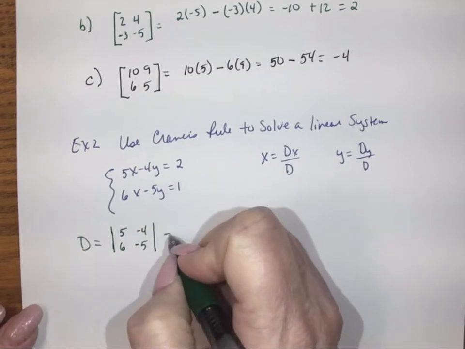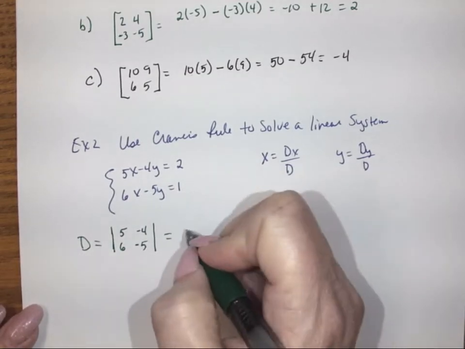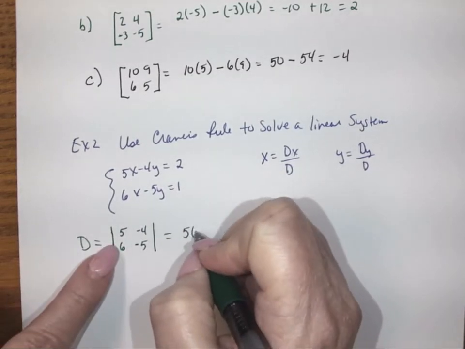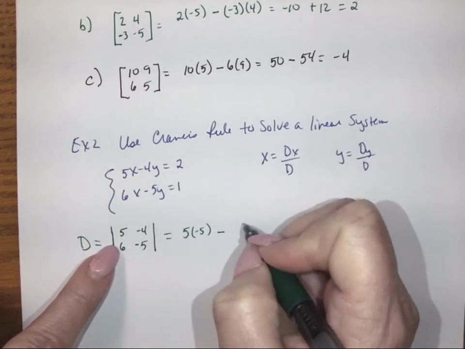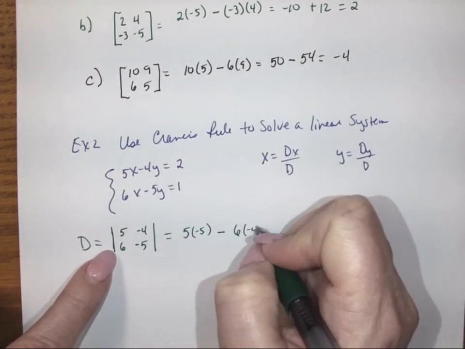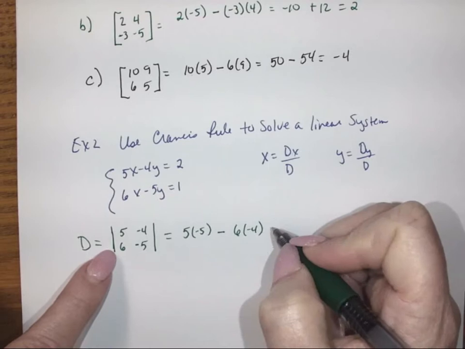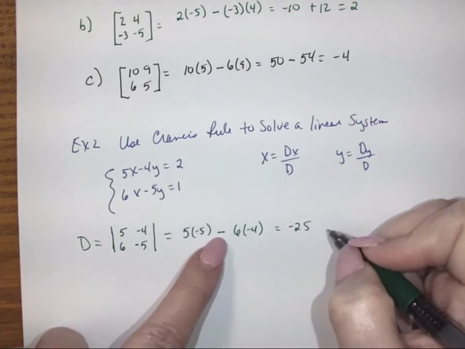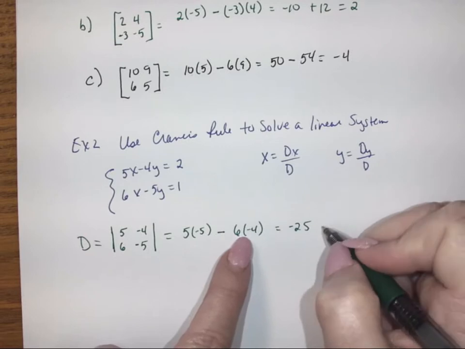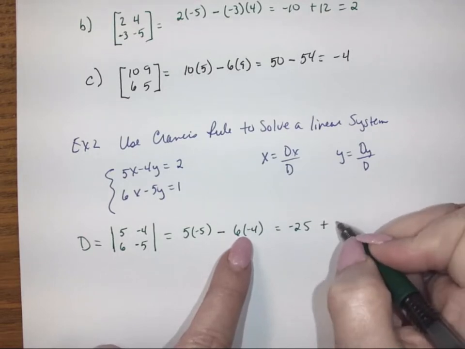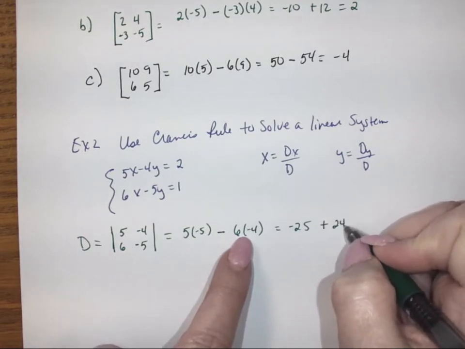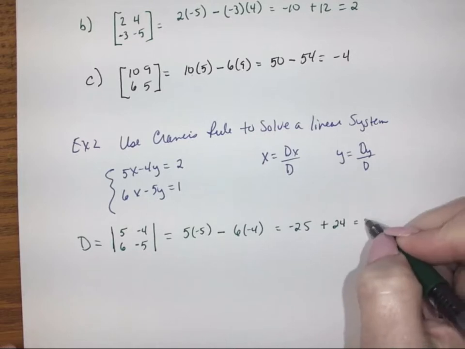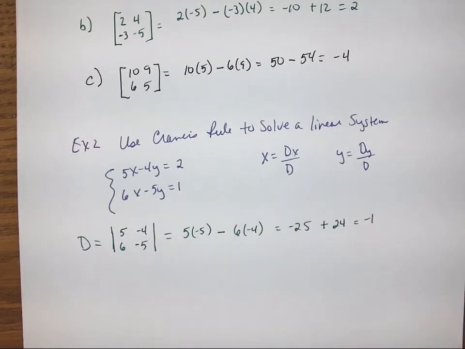We're still doing the same thing we did in the previous examples: 5 times -5 minus 6 times -4. Well, that's going to get us -25. A negative times a negative over here will make this a positive 6 times 4, which is 24, which means our determinant is -1.